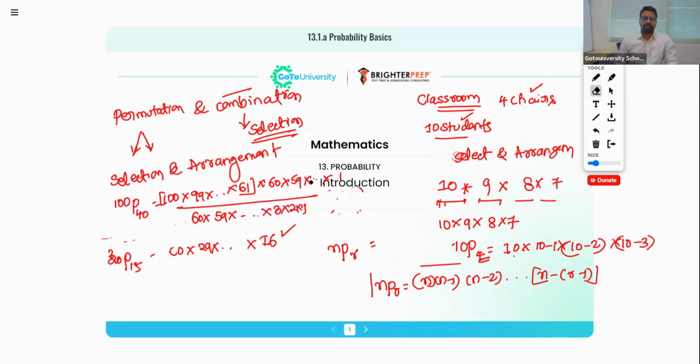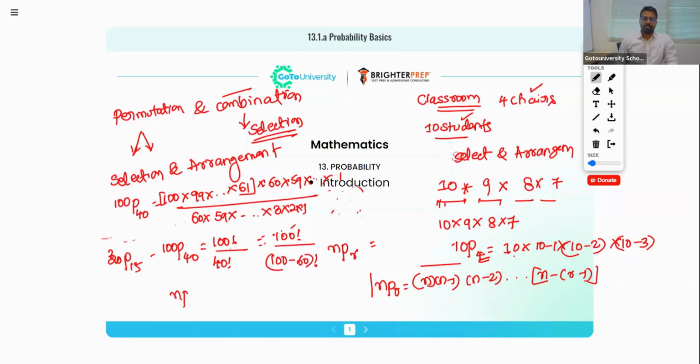So if we simplify this expression, you can write 100P40 as 100 factorial by something factorial. Further, in the question, I don't have 40; I have only 100 as well as 60. So I can write it as 100 minus 40 factorial.